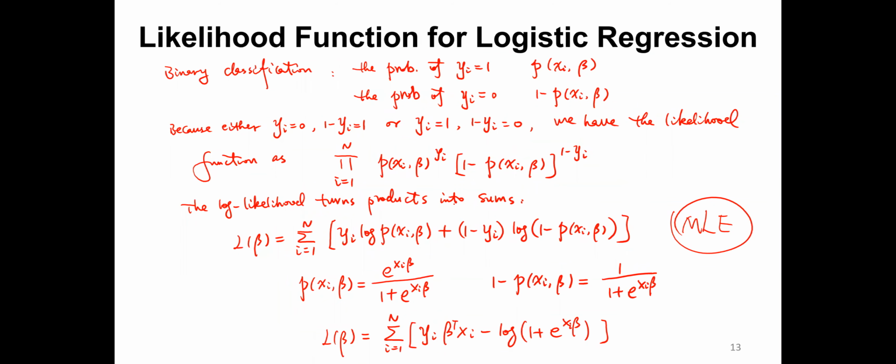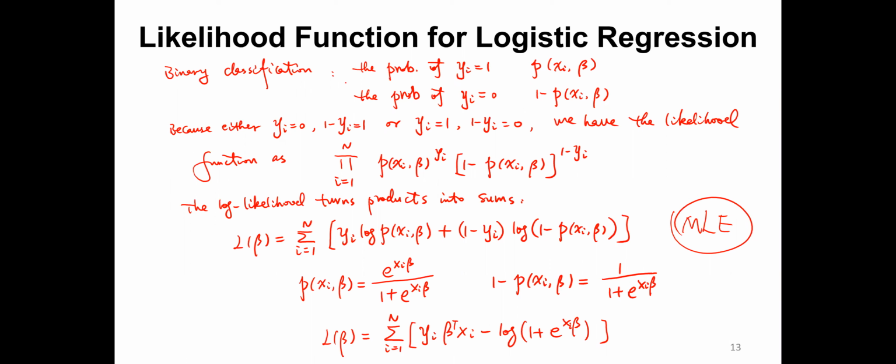Now, how do you estimate the parameters? Previously, we had the residual sum of squares, and you do the minimization of the residual sum of squares. For binary classification, we're going to use the likelihood function for logistic regression.